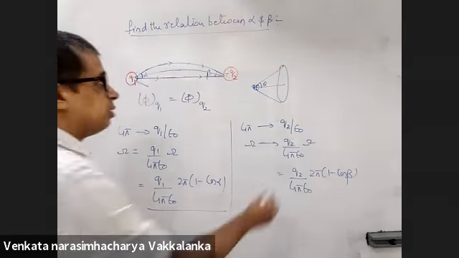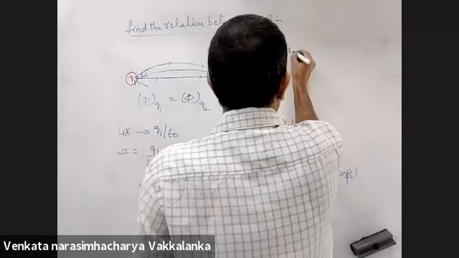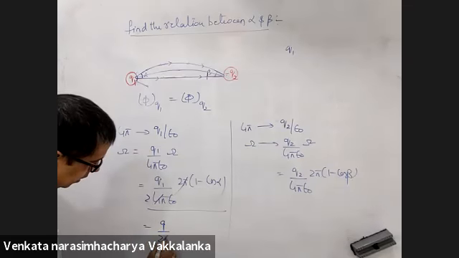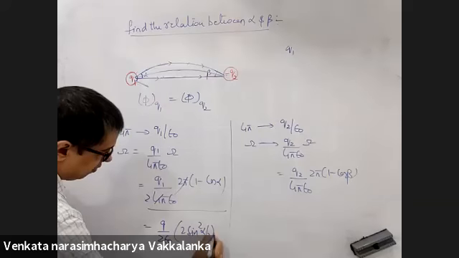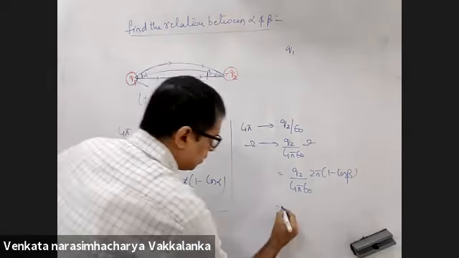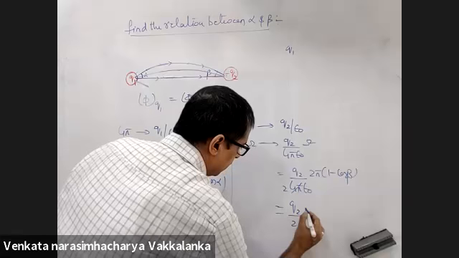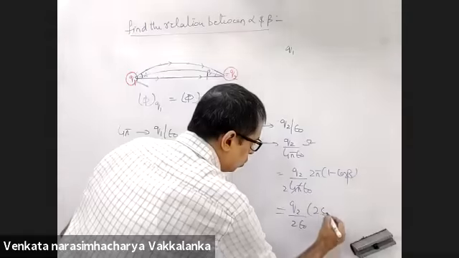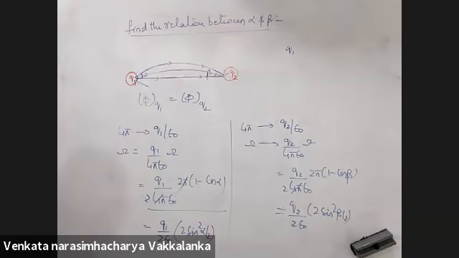When I equate both of them, Q1 by 2 epsilon naught into 2 sine square alpha by 2 will be Q2 by 2 epsilon naught into 2 sine square beta by 2. Yes or no?